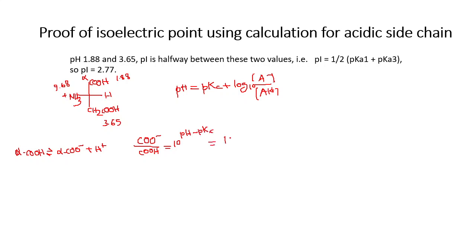So that means 10 to the power, the isoelectric point being 2.77, minus pK, which is 1.88. So how much is that? 2.77 minus 1.88 is 0.89.